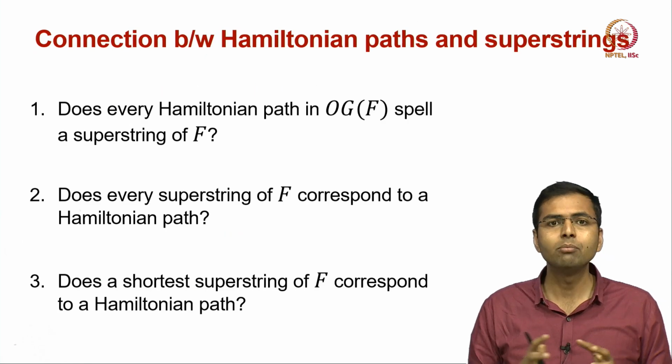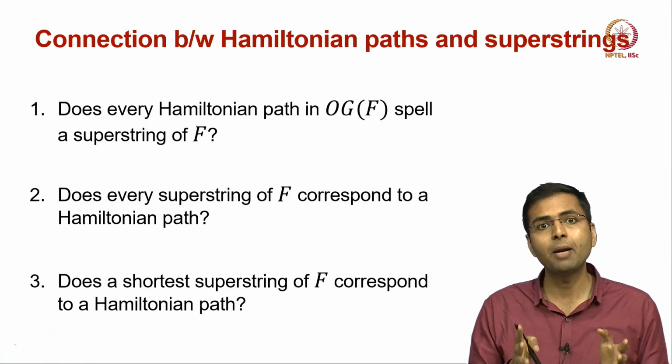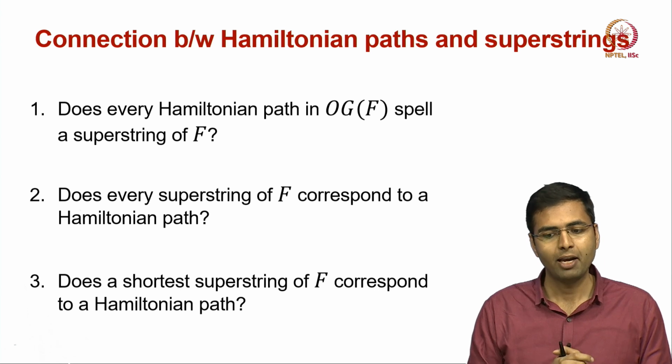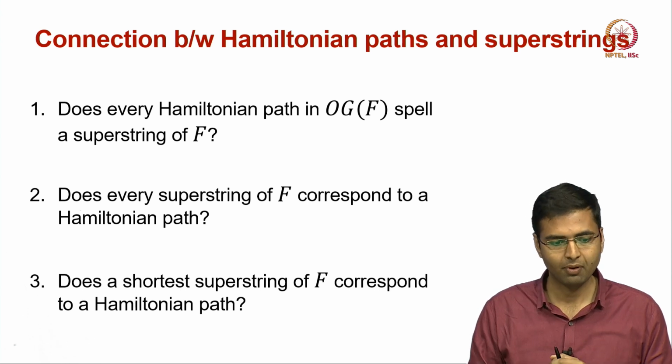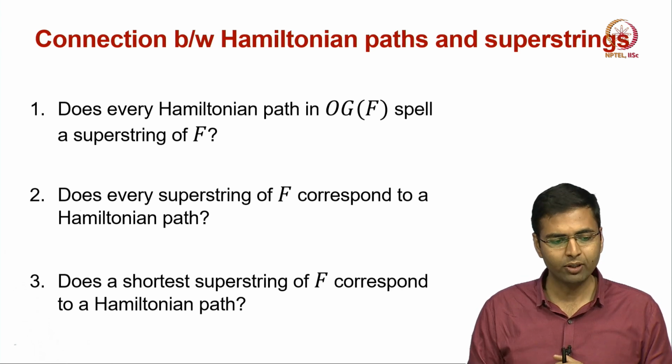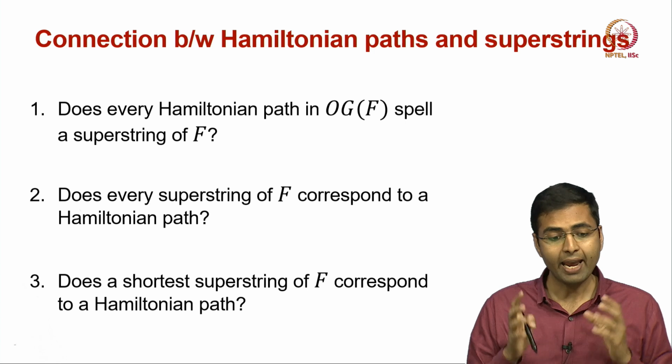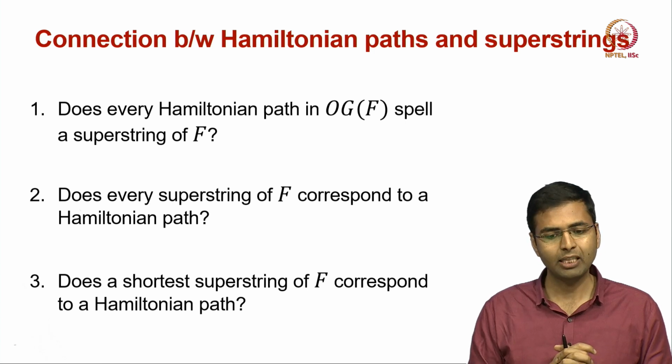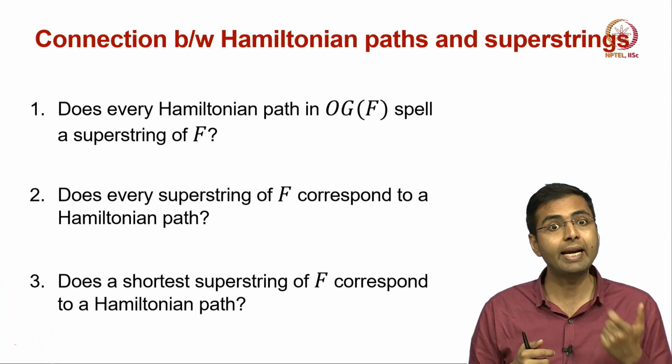Now, here comes the connection between Hamiltonian paths in the overlap graph and the superstrings of a string set. Here are the 3 questions that I want you to think about. Does every Hamiltonian path in the overlap graph spell a superstring of the set F?